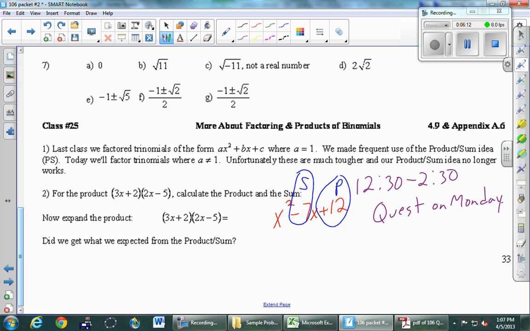What did I mean by that? Oh yeah, product and sum. So let's do that. So here are the two numbers in this case. It's a plus 2 and a minus 5, right? Those are the two numbers. What's the product of those two numbers? So the product is negative 10. And the sum of those two numbers is negative 3.